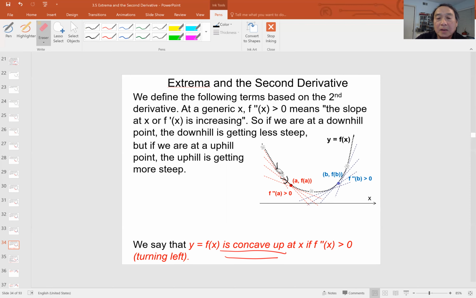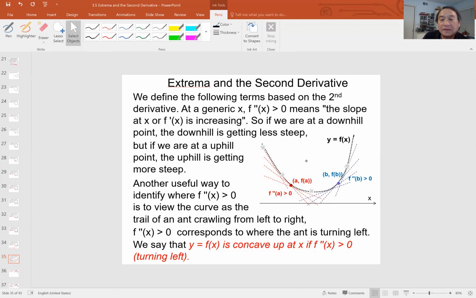The second derivative is positive if the bug is making a left turn as it crawls from left to right.